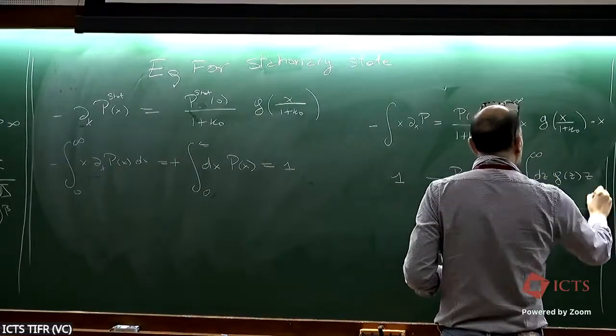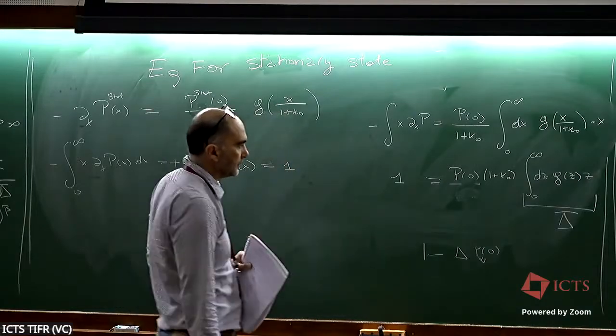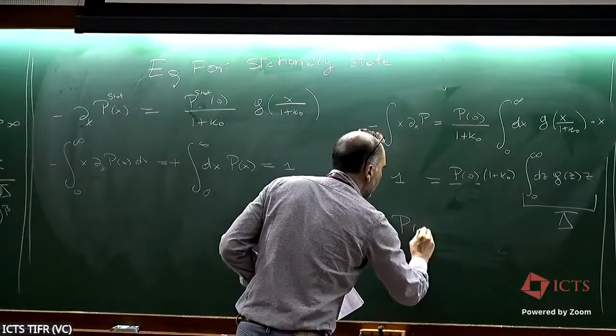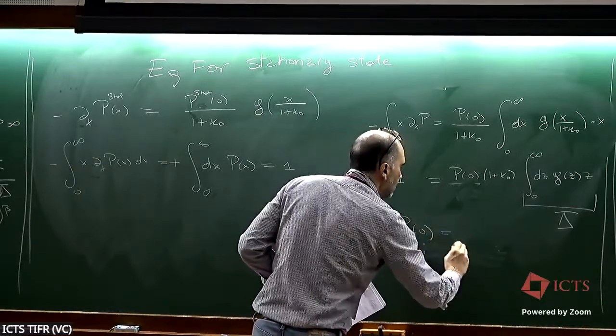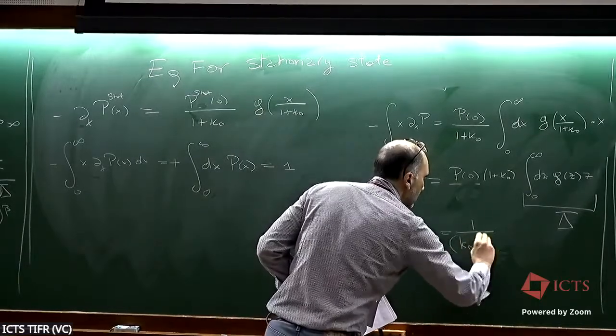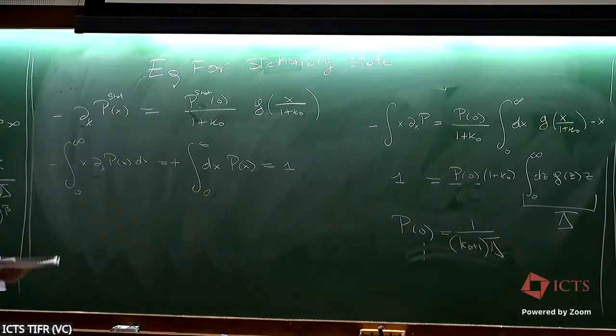And this is delta bar. Okay? And so we have that P0 is fixed, and is 1 over K0 plus 1 delta bar. Okay? So we solved this.